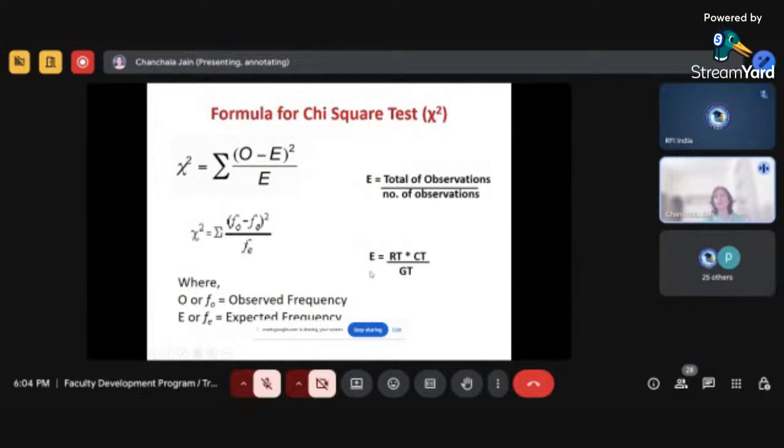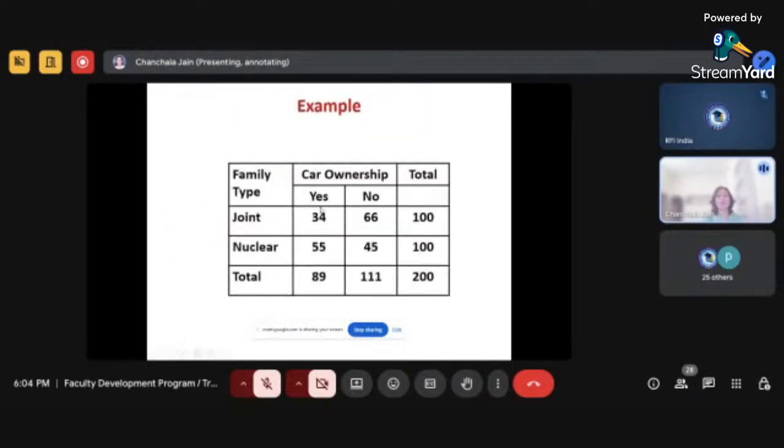Whereas in the second kind of chi-square test, the test of association, the expected frequencies can be calculated as row total times column total divided by grand total, right? For example, suppose I want to calculate the expected frequency for the joint and yes category. For the joint and yes category, the observed count is 34.